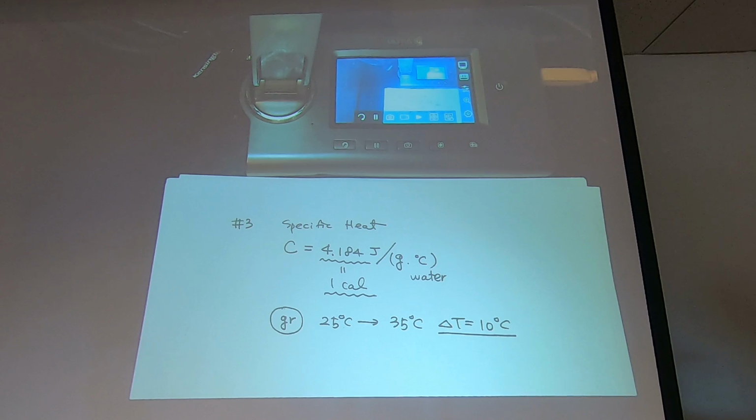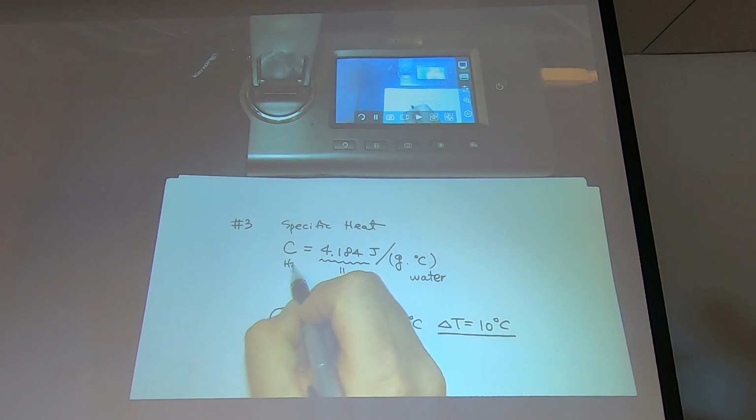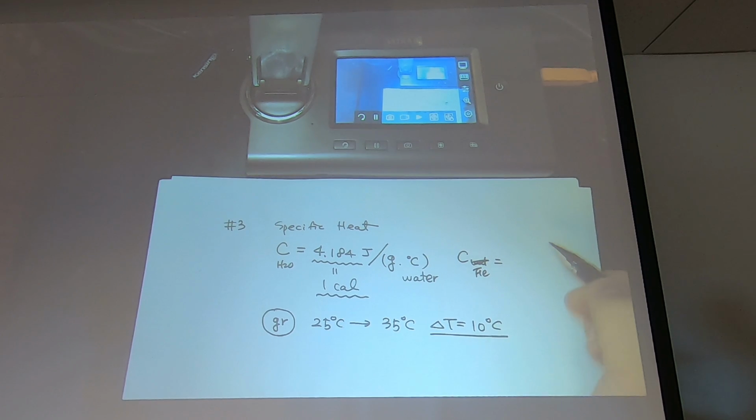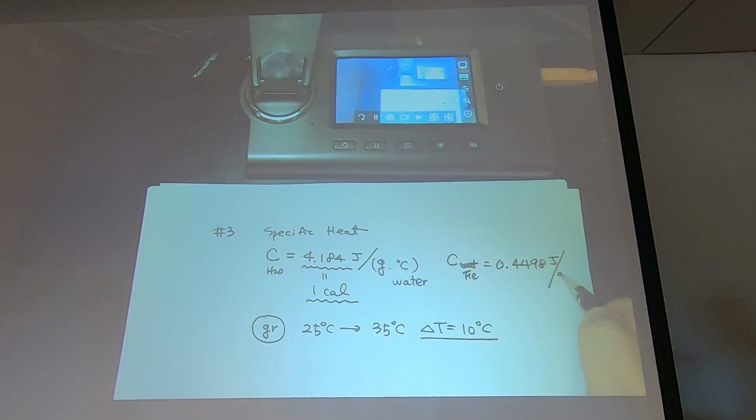The specific heat for water is C, and for iron, Fe, it is 0.4498 joule per gram degree C.